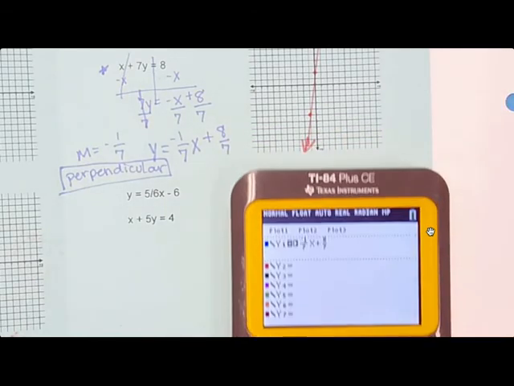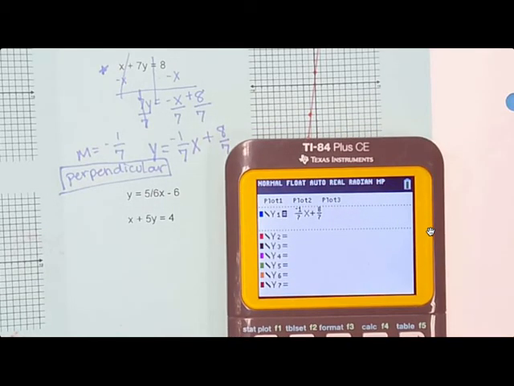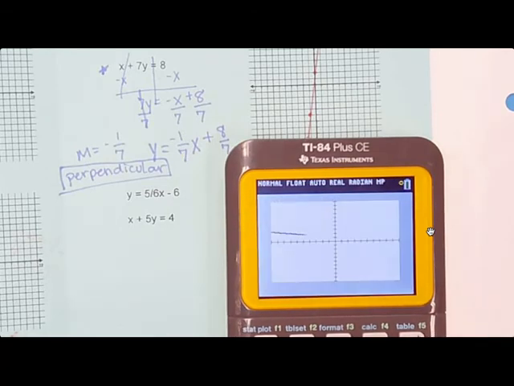So go to y equals, put that equation in. Negative 1 over 7x plus 8 over 7. And if we graph it, you see it goes down like that.